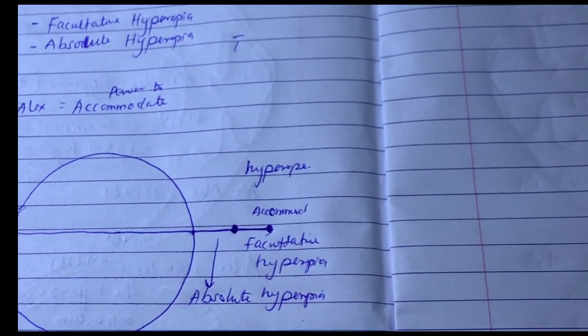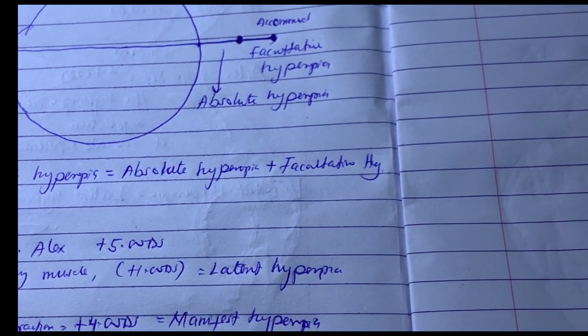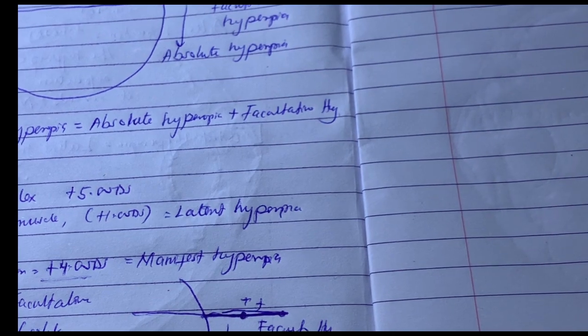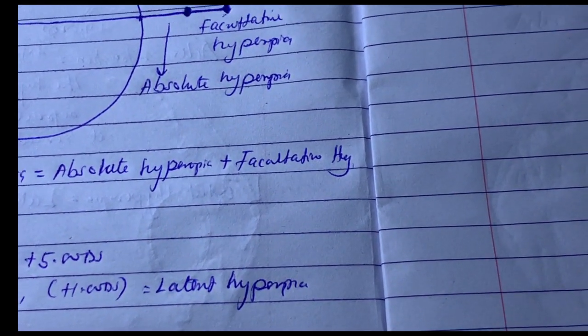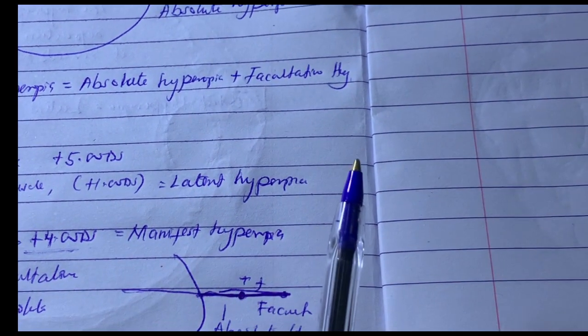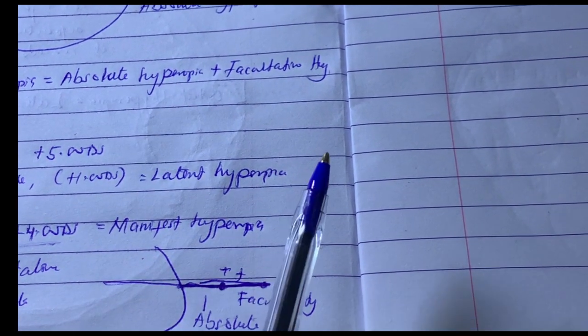Latent hyperopia is the amount the ciliary muscle corrects, about +1, freely. If I want to reveal it, I will use cycloplegic refraction and use atropine to paralyze the ciliary muscle. Then the refraction goes to +5. You understand?